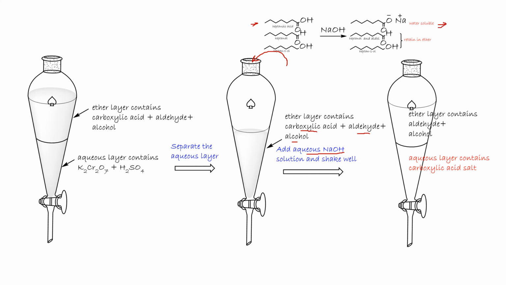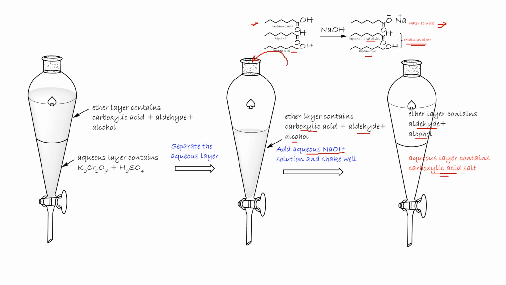The heptanal, you will have some, and some reacts with sodium hydroxide to give the aldol condensation products, and some starting material. These two will be insoluble in water and will remain in the ether organic layer. So in this step, the ether layer will contain aldehyde impurities and alcohols. The aqueous layer will contain the carboxylic acid salt.